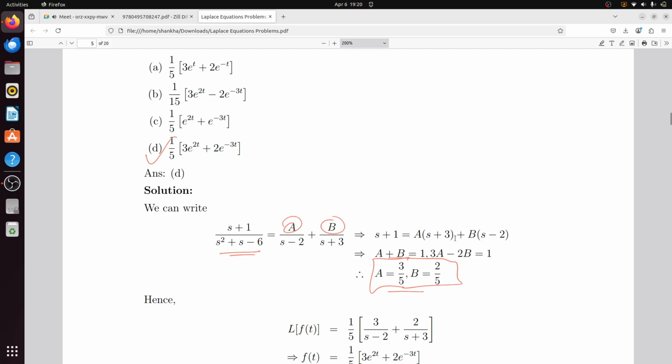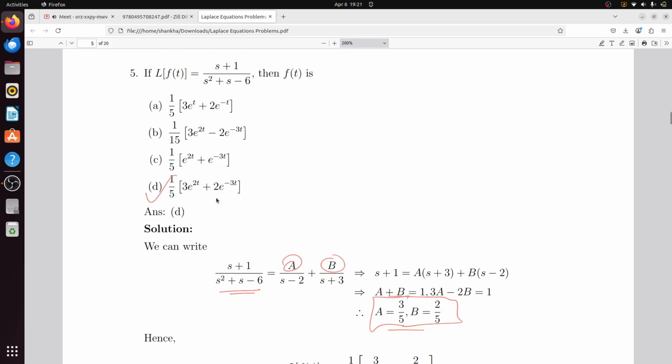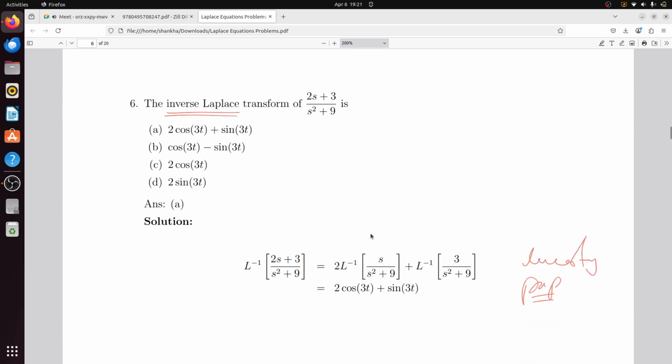So A into s plus 3 plus B into s minus 2. Now A plus B equal to 1, 3A minus 2B equal to 1, A equal to 3 by 5, B equal to 2 by 5. The Laplace transformation of f(t) will be 1 by 5, 3 by s minus 2 plus 2 by s plus 3, that is 3 e^(2t) plus 2 e^(-3t). So that will be the answer. Next problem.